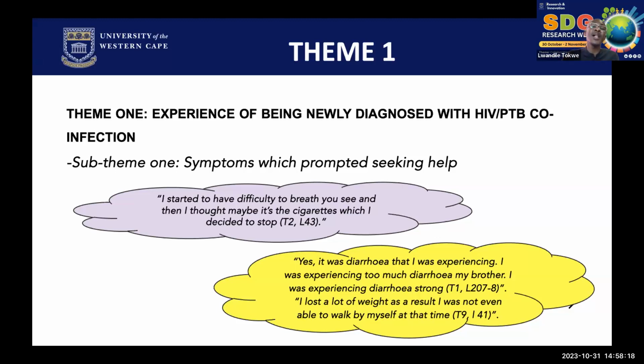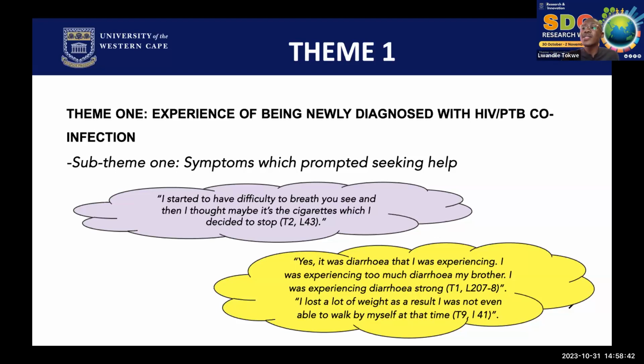The gastrointestinal problem that these participants voiced was diarrhea. With the skin, some participants verbalized that they experienced dark skin complexion and itchy skin. With the endocrine system, participants verbalized lack of appetite and weight loss, which prompted them to seek help in the clinics.